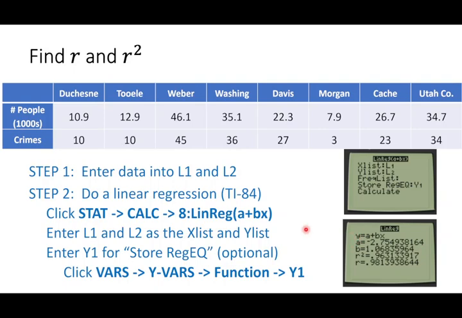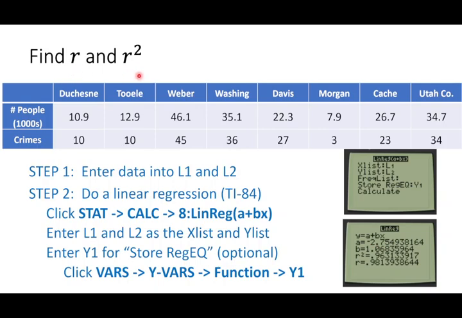It would have been cool if it just said y equals and gave you the equation. But basically, you just substitute this number in for a in whatever it's giving you, and substitute this number in for b. So in this case, b is the slope of the line because it's attached to the x, and a is the y-intercept value. That's not really what we're after right now, but we will later.